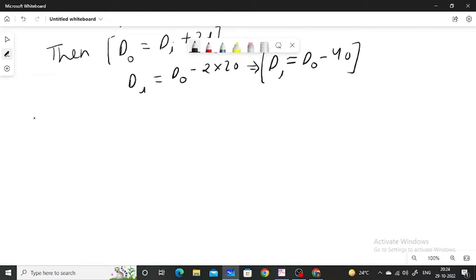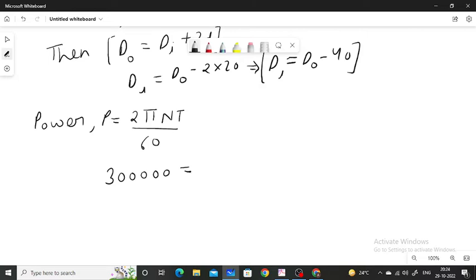Now the power transmitted P is equal to 2 pi NT by 60. Now power is equal to 2 pi, RPM is 200. Torque can be calculated from here. Capital T will be equal to the following.